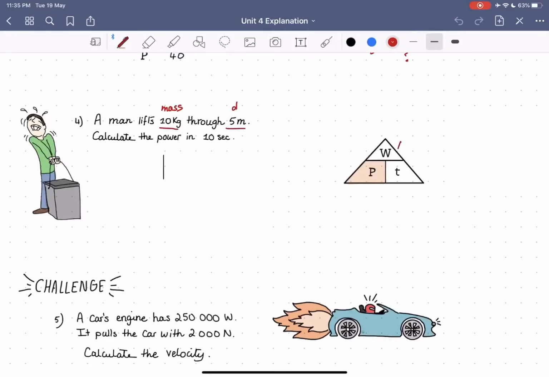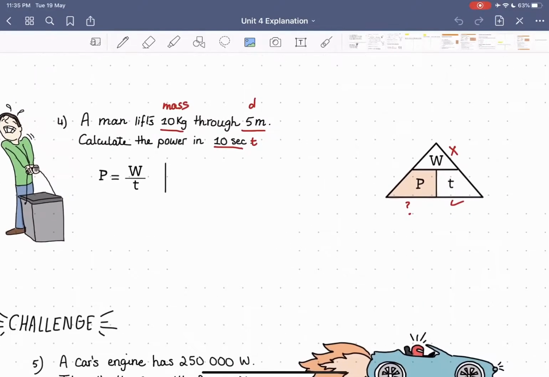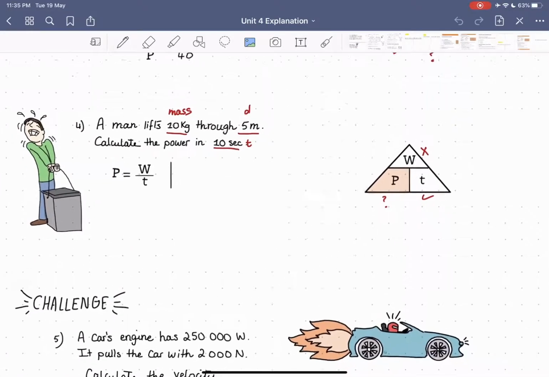So we do have the time, we don't have the work, and we need to get the power. So first thing, we start by stating the formula. Power is equal to the work divided by the time. Now we need to find a way in order to find the work using the given in the question.